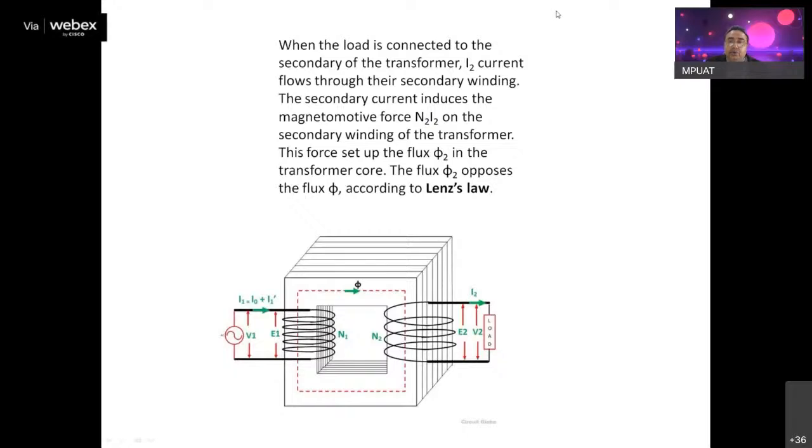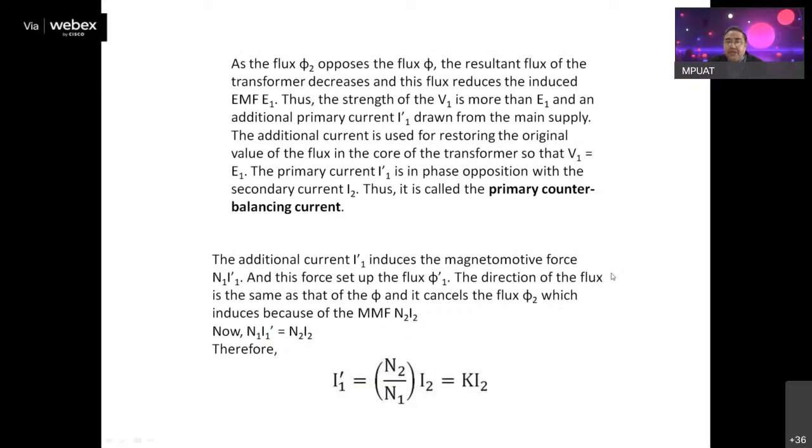Under no load condition V1 was equal to E1, but now E1 has reduced. But since the source voltage V1 cannot be reduced, V1 will be greater than E1, and thus V1 will provide an additional primary current. I will refer to it as I1 dash.